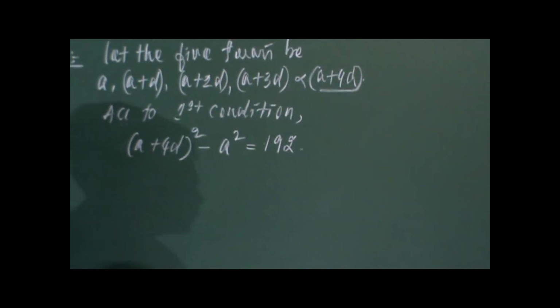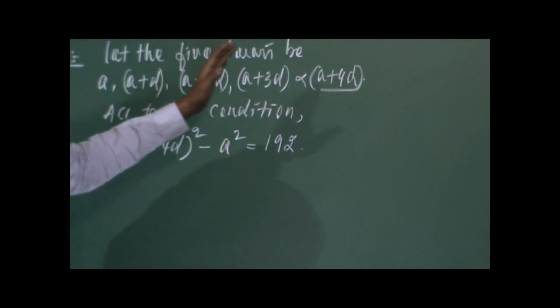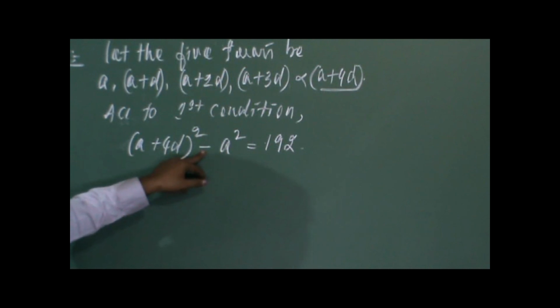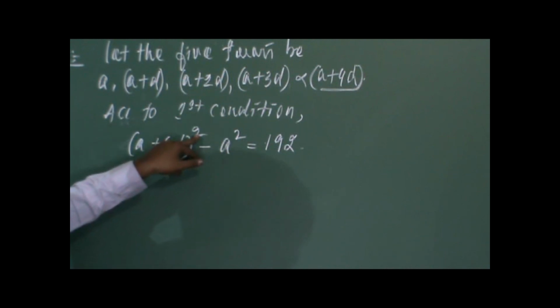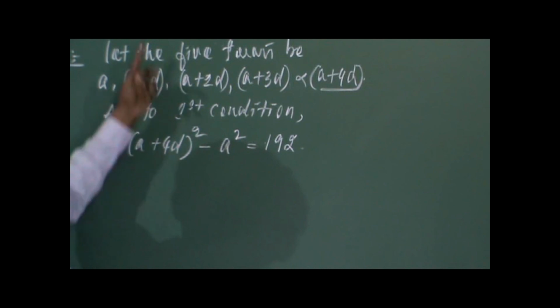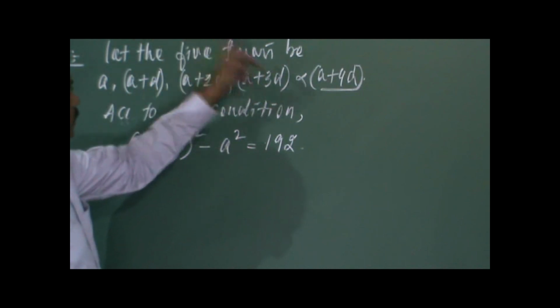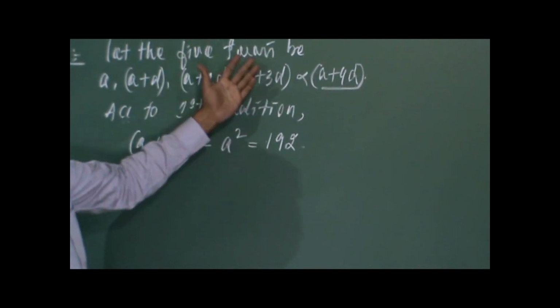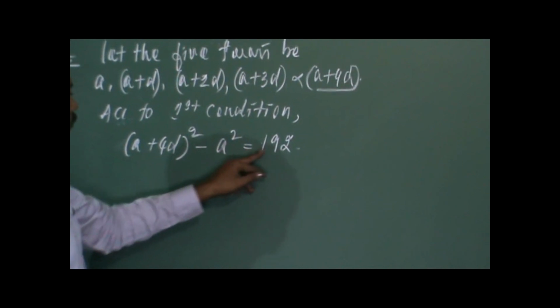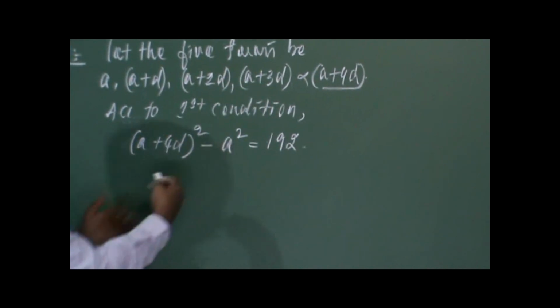So this is how it is written. I hope you understood. So A plus 4D whole square minus A square is 192. Let us continue with this.